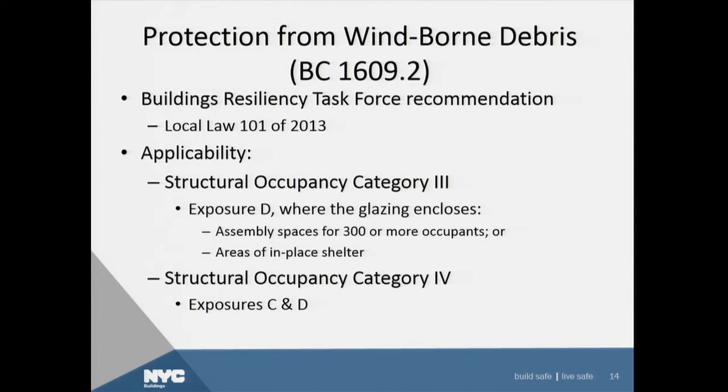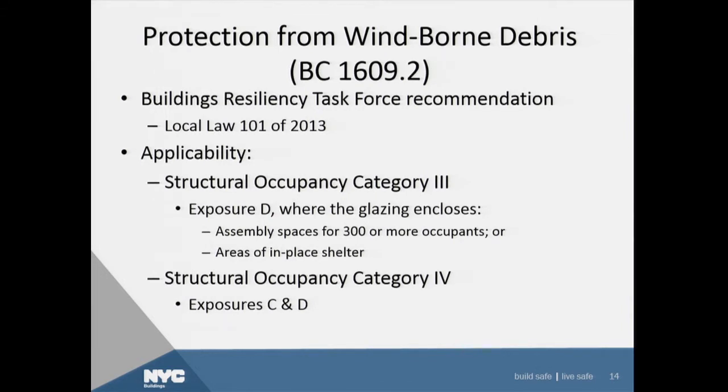Now, post-Hurricane Sandy, there was a task force formed under the Urban Green Council called the Buildings Resiliency Task Force, and they had a number of recommendations which you'll hear about later, one of which goes into effect October 1 as a separate local law to what was done in the 2014 codes, but goes into effect at the same time, and that was to protect specific structures from windborne debris.